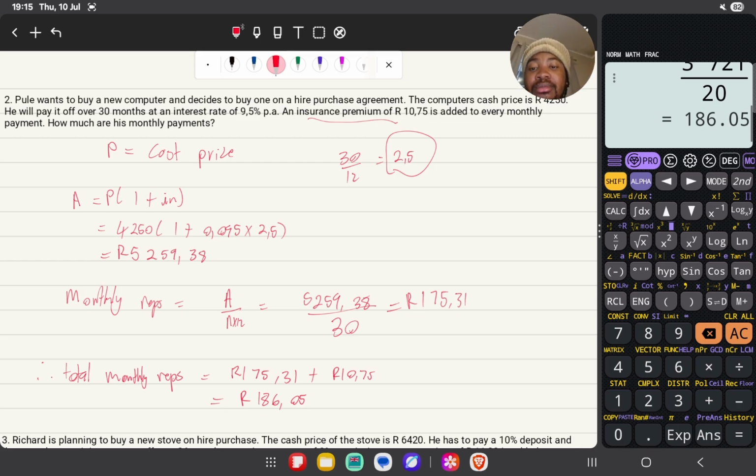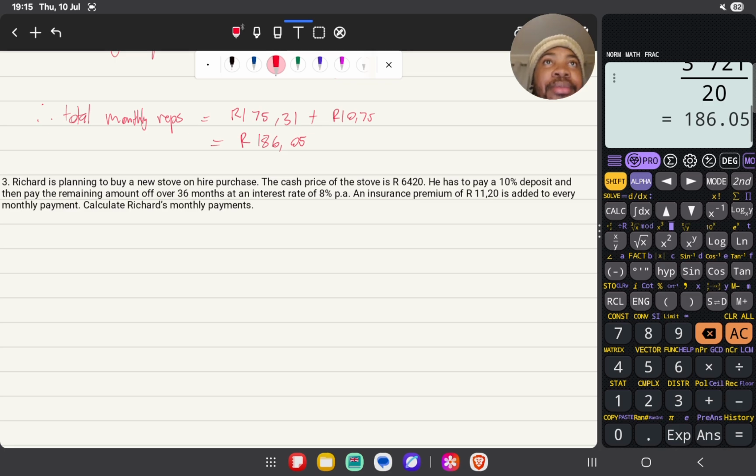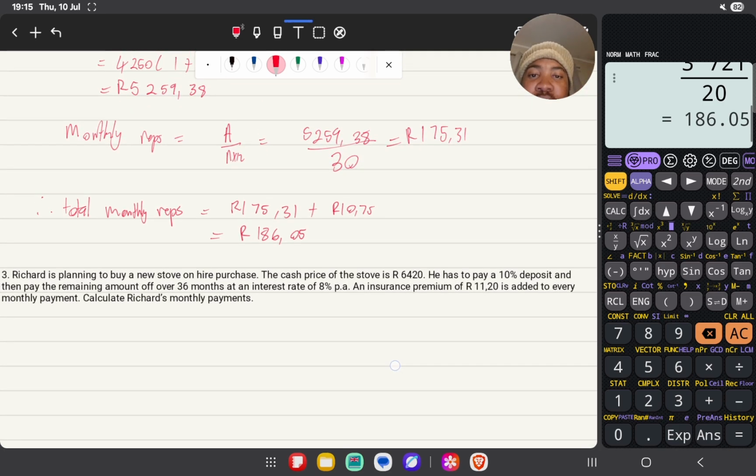Then you divide it by the number of months over which the payments will happen, and you get how much you will be paying per month. If there's an insurance premium, you add it to the money you pay per month. But yeah, this is it.